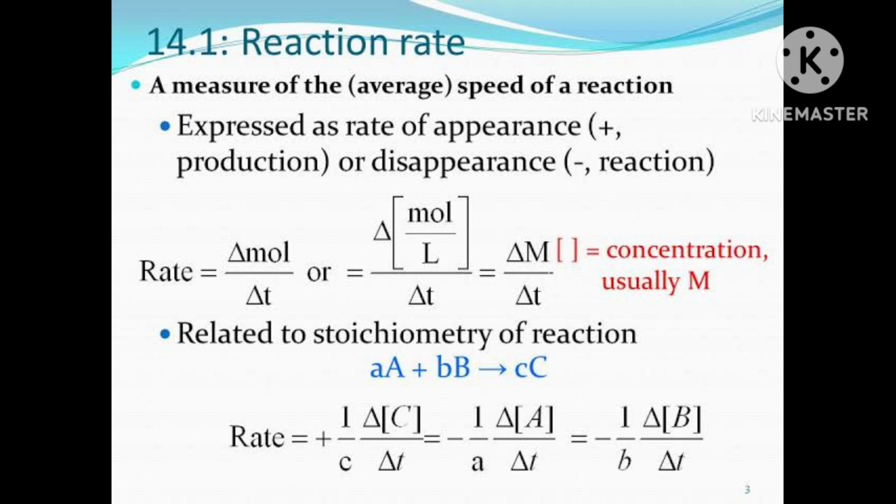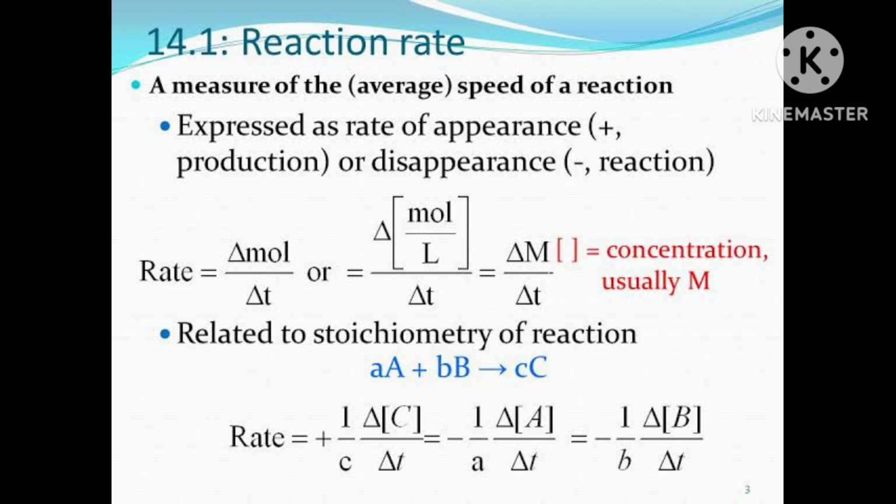After putting the value, the production in terms of NO2 is 1 upon 4 delta NO2 divided by delta T. All rates are equal, you know, for the products and reactants. Hence you can write 1 upon 4 delta NO2 divided by delta T, that is equal to what you calculated first, per minute.